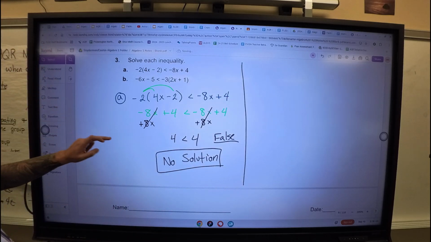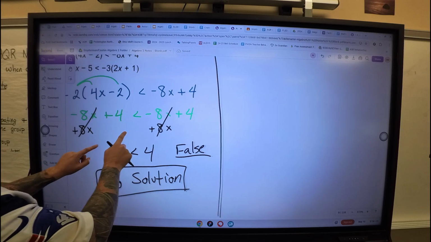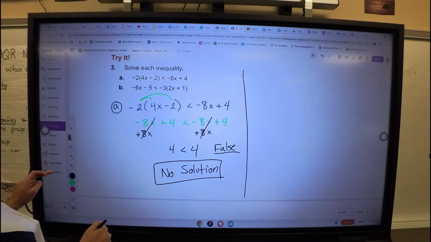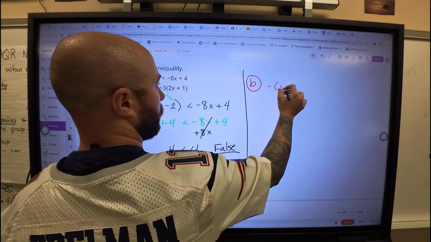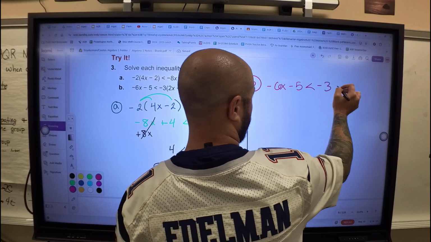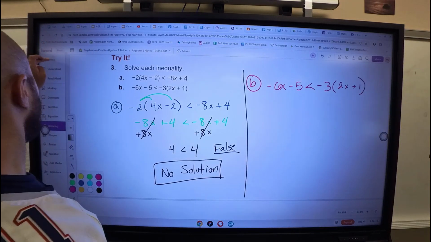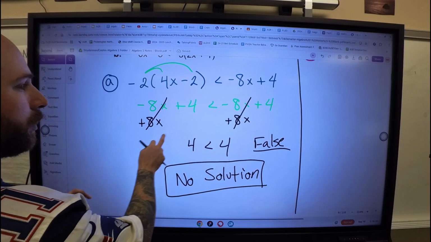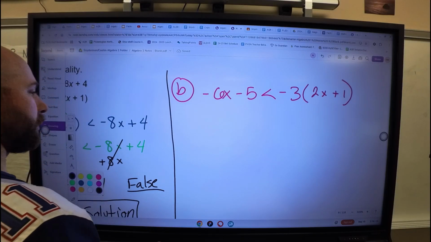Now, likewise, if we do part B, negative 6x minus 5 is less than negative 3 times 2x plus 1, and we distribute on the right-hand side.